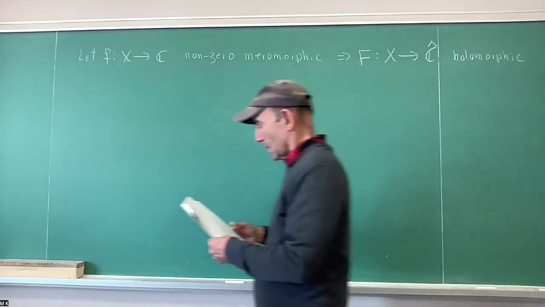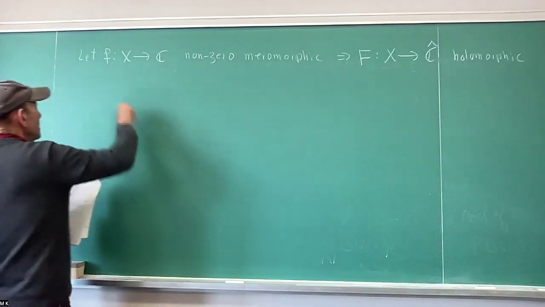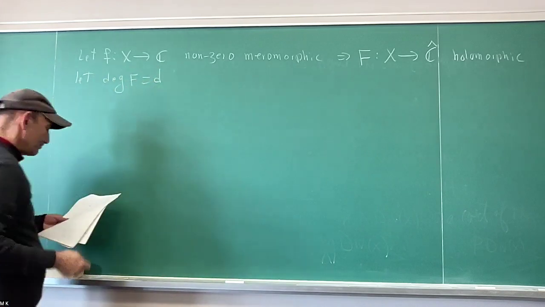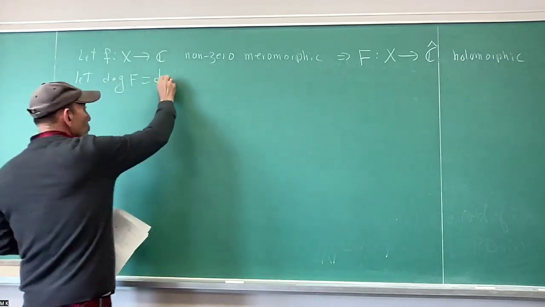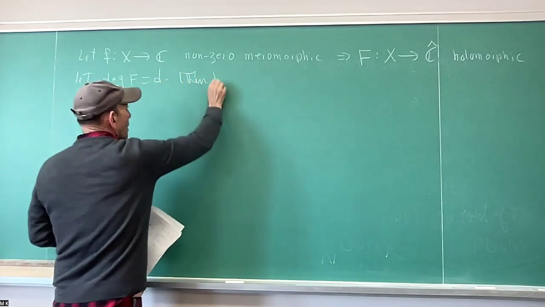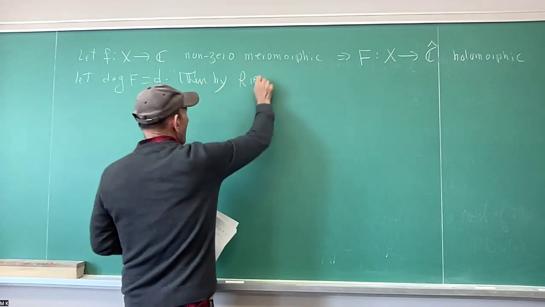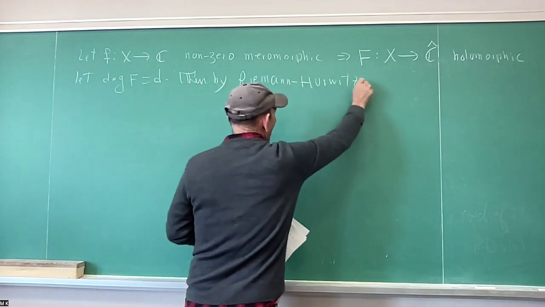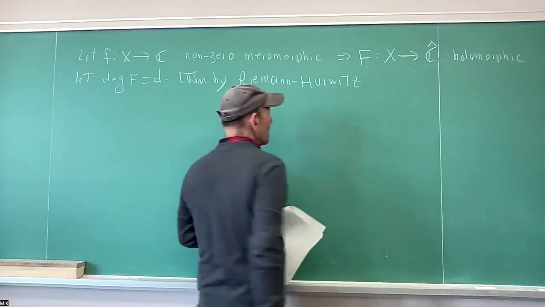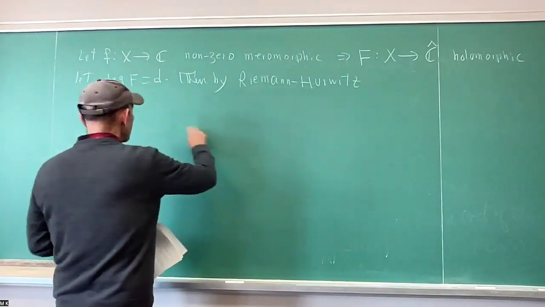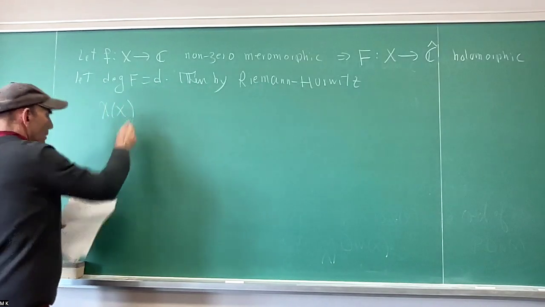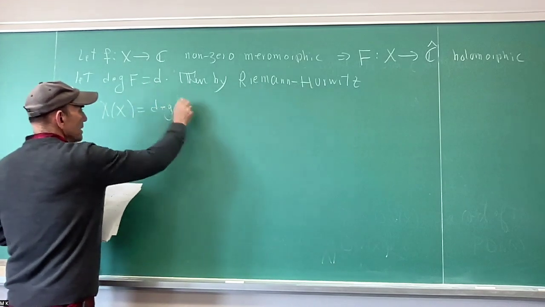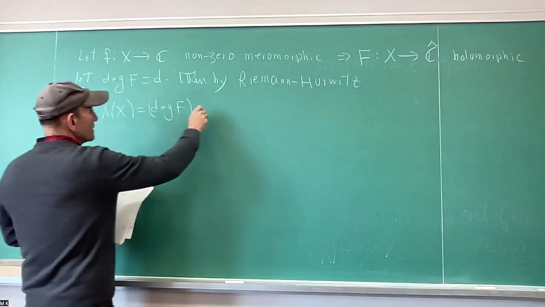Immediately we get this. So let's assume that it has degree of F equal to D. Then by the Riemann-Hurwitz formula, we can just say that the Euler characteristic of X is equal to the degree of F, which is D, times the Euler characteristic of C hat.